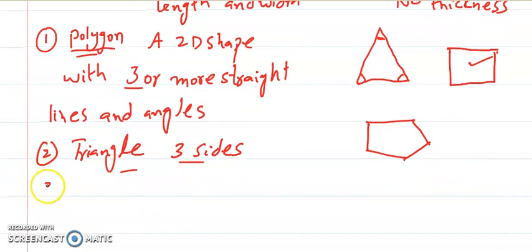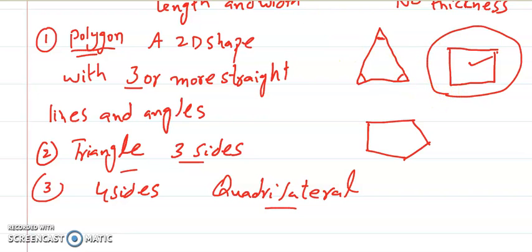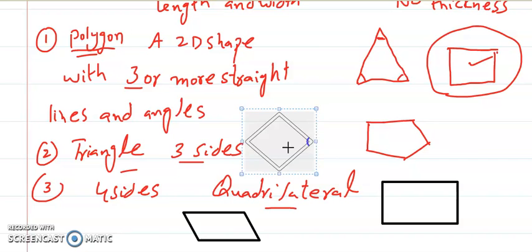A polygon with four sides and four angles is called a quadrilateral. Like right now, this one is a quadrilateral. I'm going to draw a quadrilateral. This one is a quadrilateral because it has four sides. This one is also another quadrilateral. It has four sides, so it is a quadrilateral.